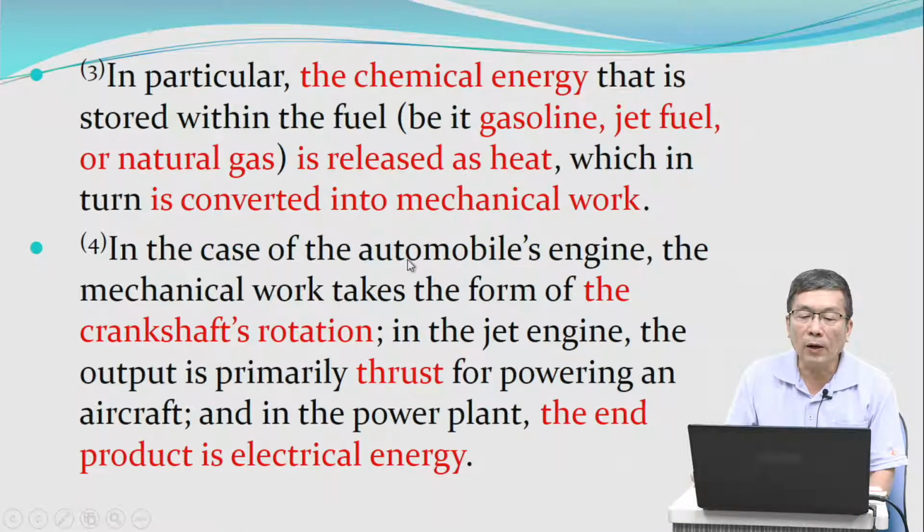In the case of an automobile's engine, the mechanical work takes the form of the crankshaft rotation. In a jet engine, the output is primarily thrust for powering an aircraft. And in a power plant, the end product is electrical energy.